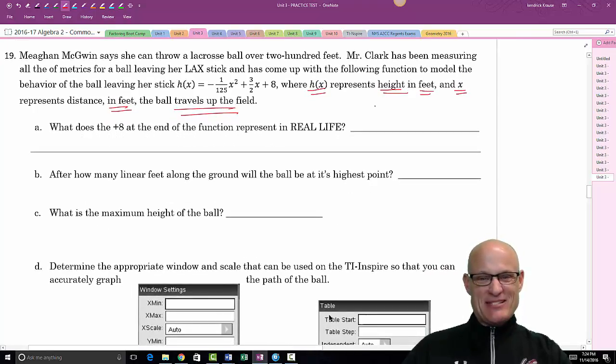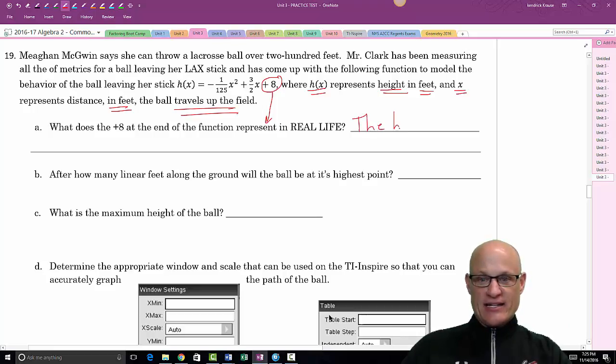So, at time 0, if I plug in a 0 here, I'm going to get this as my answer. And they're saying, okay, what does that represent in real life? Well, the plus 8 at the end of the function, which is the y-intercept, is the height of the ball.